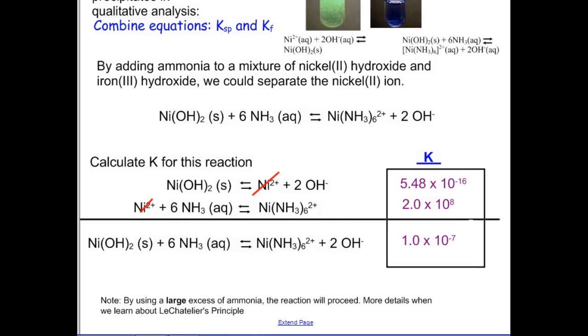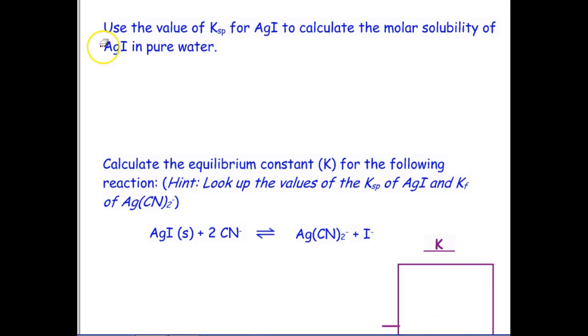So let's take a look at how that works for another equation. You have your KSP charts. So pause the video and calculate the molar solubility of silver iodide. That's just a regular KSP problem, an equilibrium problem.